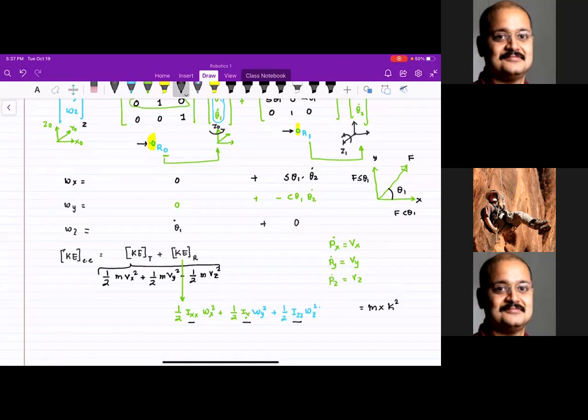So what I would do is show you how you can find out the moment of inertias for simple objects. And then I will take you to SolidWorks or some other CAD software, and I will show you how you can find out the moment of inertias using a CAD software.